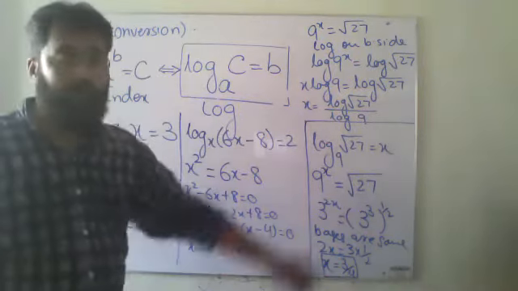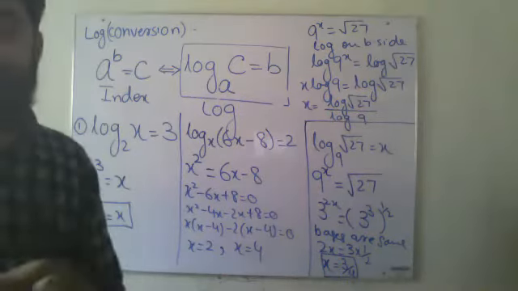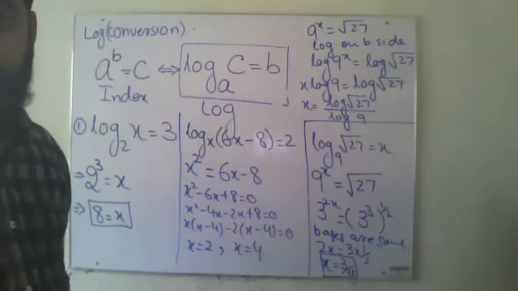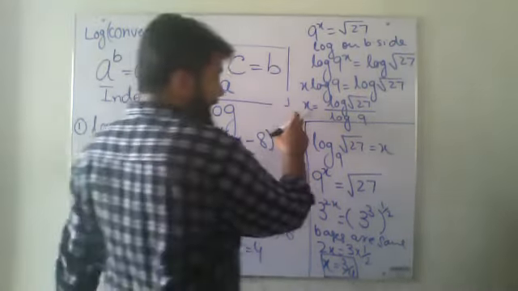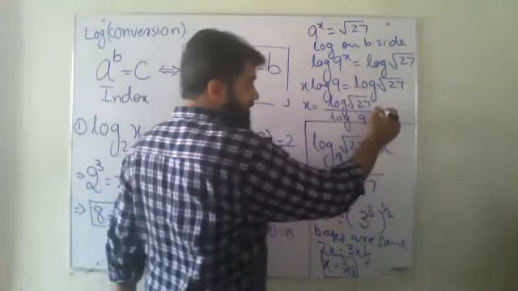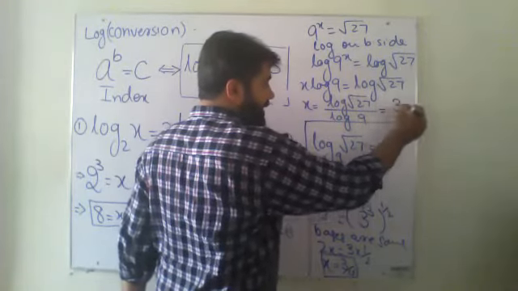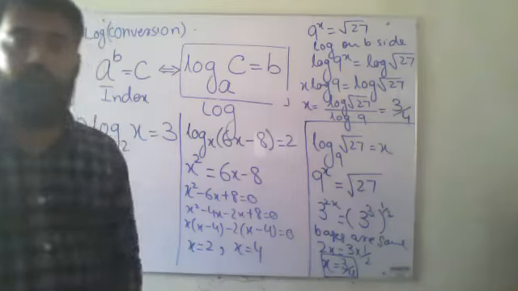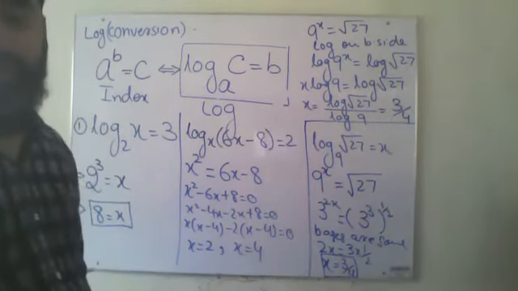Don't cancel log and log. Don't cancel 9 and 27. Don't do it, beta. Okay, don't do it. When I simplify this thing, my answer will be coming 3 over 4. You can check it in the calculator.